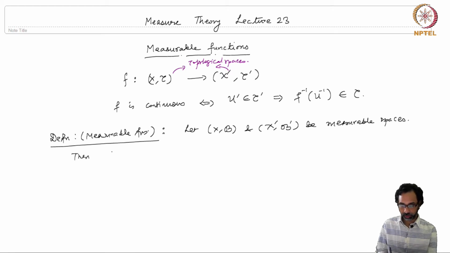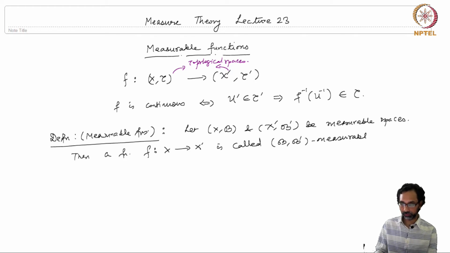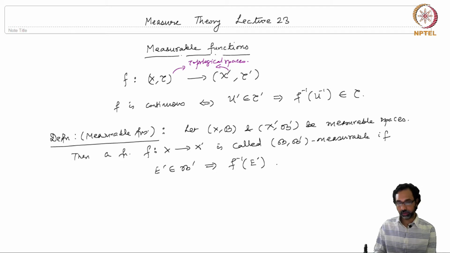Then a function f from X to X' is called B' measurable if for any set E' in B', the pre-image of E' via f belongs to the sigma algebra B. So this is very much like the definition of a continuous function, except that instead of topologies we have sigma algebras.